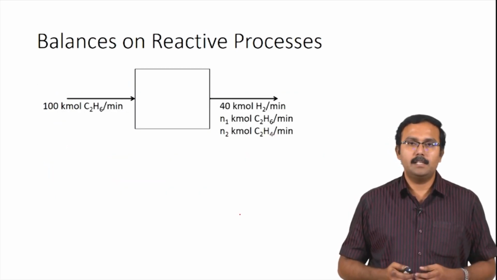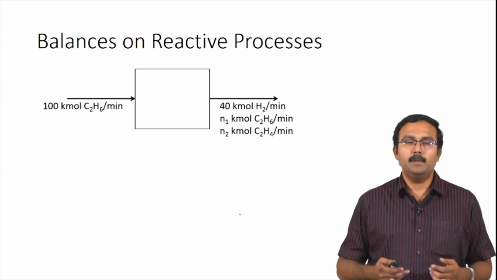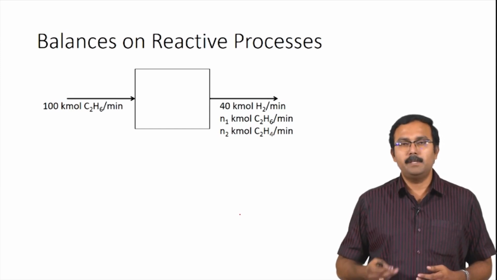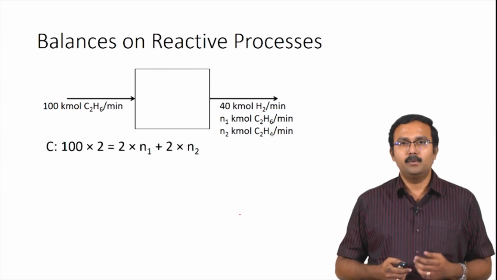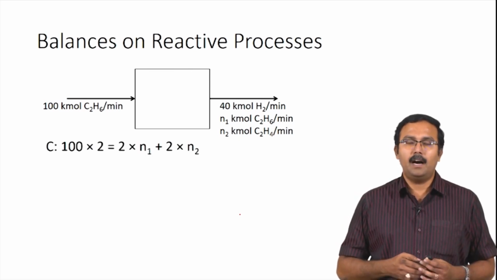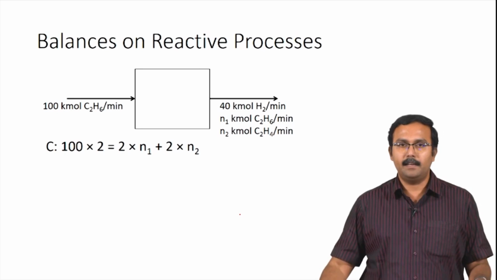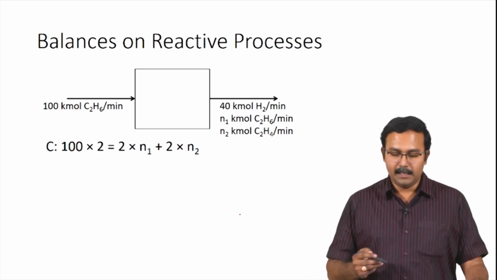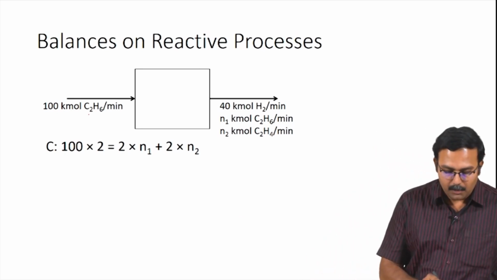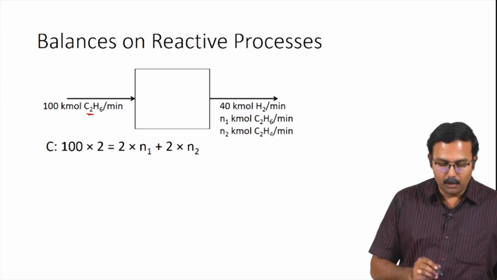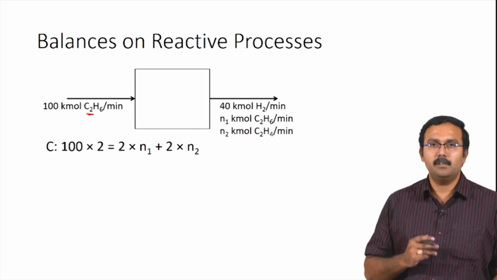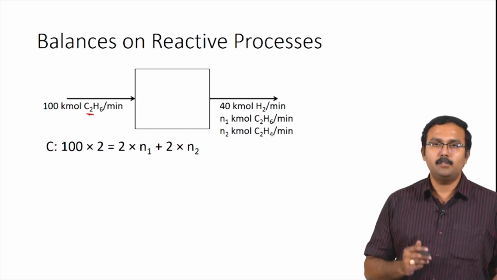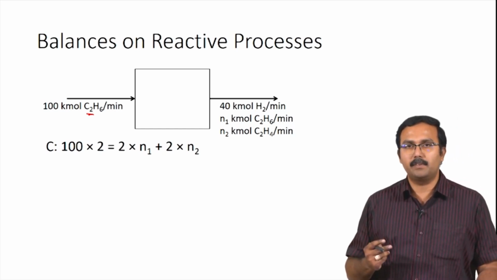Now, let us look at the same example problem and see whether we can write atomic species balances and arrive at the same answers. Carbon balance would look like this. You have 100 kilomoles of ethane entering, we will be multiplying that with 2, because with each mole of ethane entering, 2 atoms of carbon are also entering. So, for each molecule of ethane you have 2 atoms of carbon.